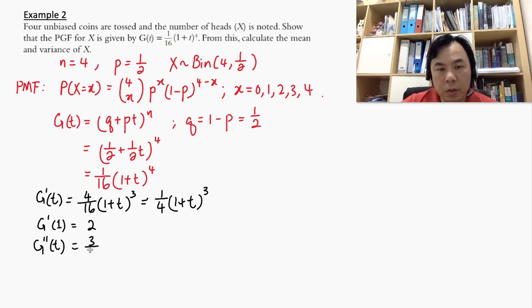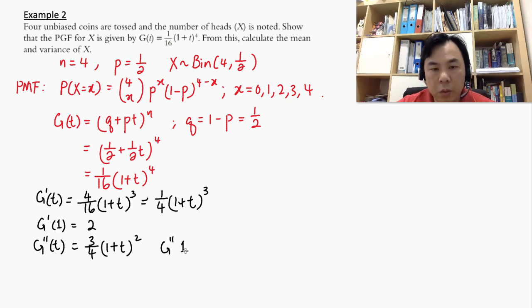So I get 3/4 (1 + t)^2. And then the same method that I'm going to apply here, I'm going to substitute t equal to 1 into my second derivative. That would be 3, because if you put 1 here, there's a 4, so therefore the second derivative would yield a value of 3.